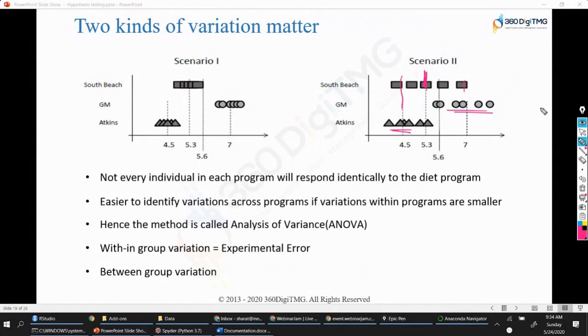So how would I conclude it? It would be very, very difficult to compare these groups because the variance within the group is very high. But if you look at this, the weight losses are more consistent, close. The variance within the group in this case is very small, whereas the variance in this group is large.